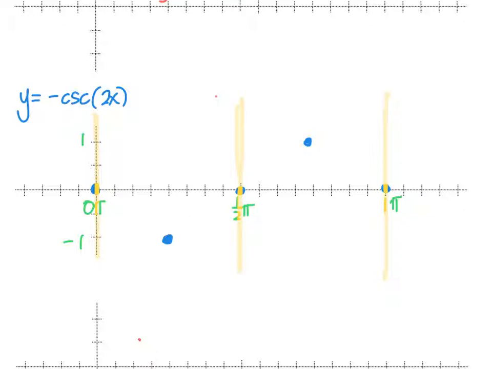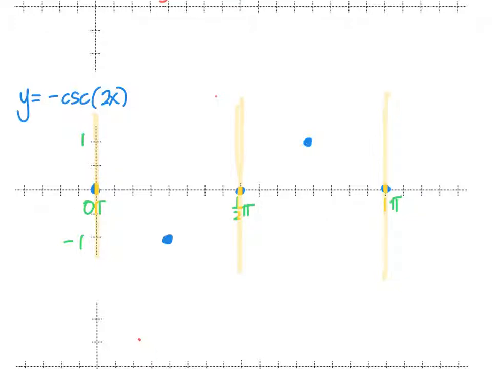Where was the second one? It was at 1/2 pi. And then the next one was at 1 pi. And so where will the next one be? So if it's 0, then 1/2, then 1, then 1 and 1/2, and then 2, and then 2 1/2, and then 3 and 3 1/2.